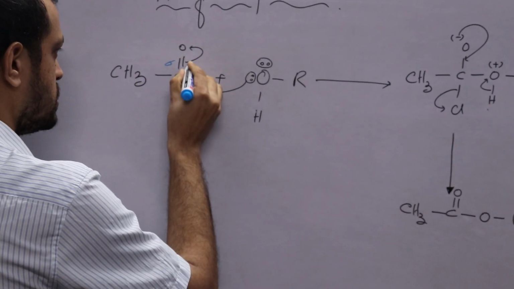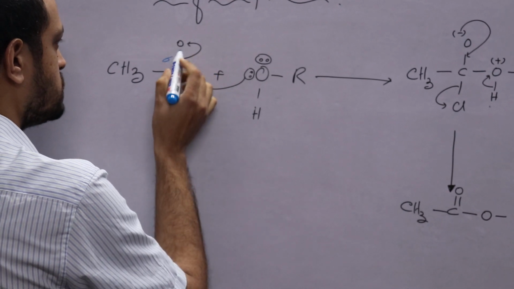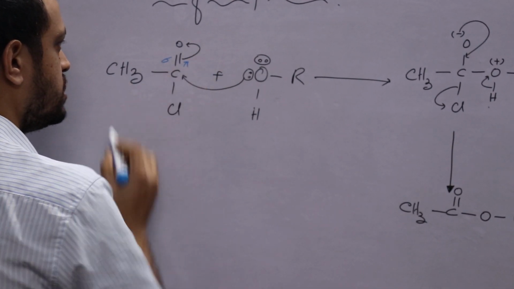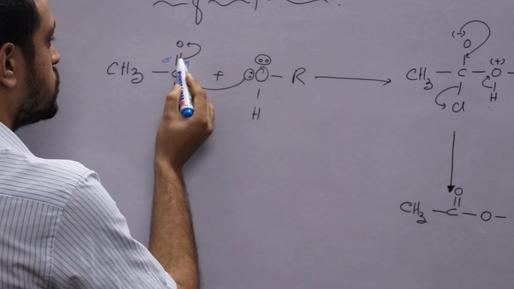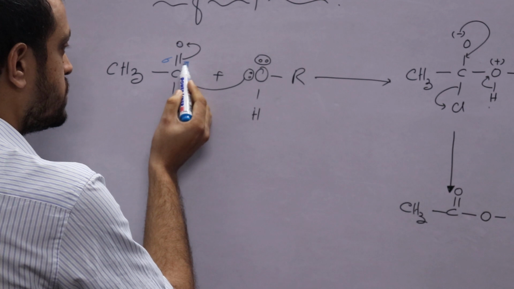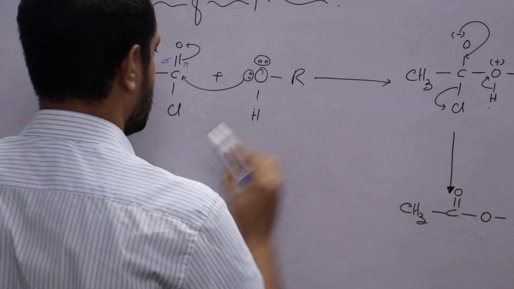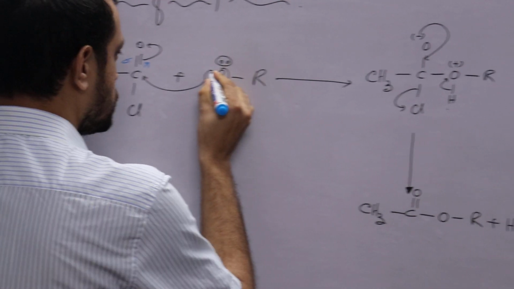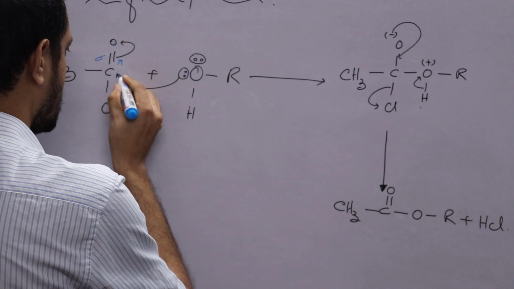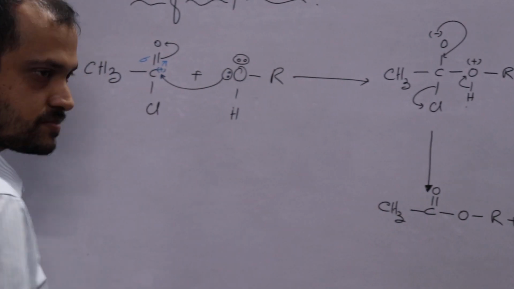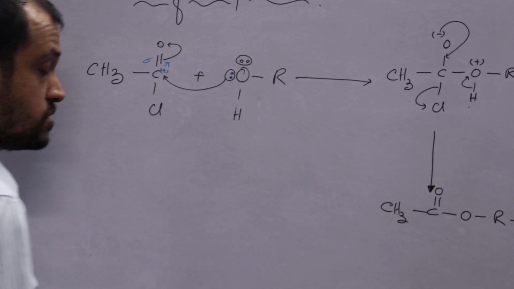This pi bond is now delocalized because this oxygen is in dire need of electrons, so it will shift the pi electrons towards itself. So that's why this is becoming negative. Now listen, this lone pair of electrons over the oxygen atom is attacking this carbon plus center. Why has it become plus? Because these electrons are lost.